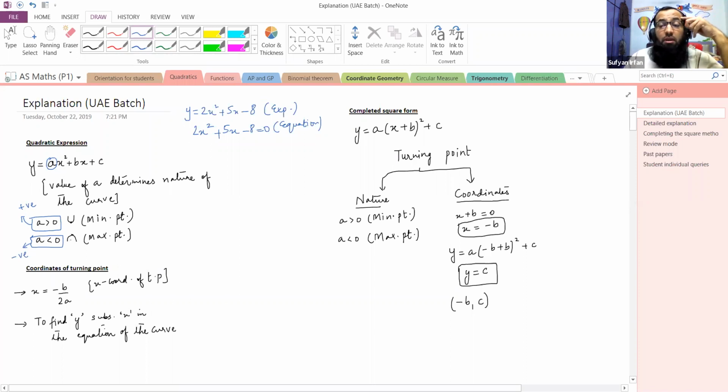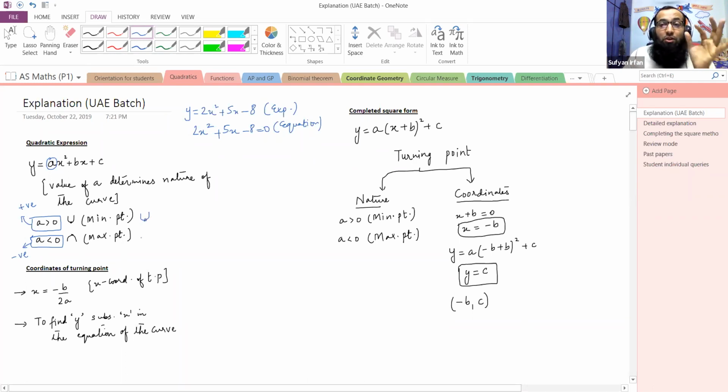Now, how can we remember this point? Because at times when we are saying a greater than 0, students are saying it is a maximum point. It's not like that. Just to remember this point, when a is positive, just imagine if there is positivity all around you. If towards right there's positivity, if towards left there's positivity, everyone is happy, everyone is smiling, then you will smile and there would be a smiling face, the happy face.